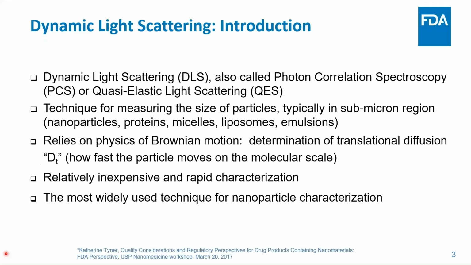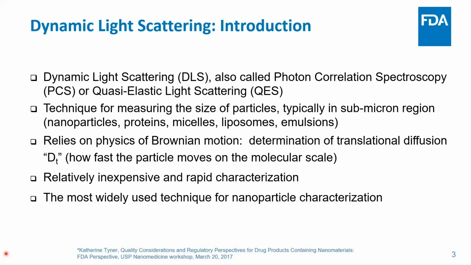So dynamic light scattering is the most common way you'll hear this spoken about. As Xiaoming said, it's dynamic because we're looking at fluctuations in laser intensity in time. Some of the older names that you'll see in literature are photon correlation spectroscopy or quasi-elastic light scattering.